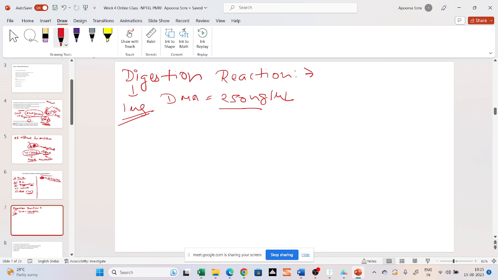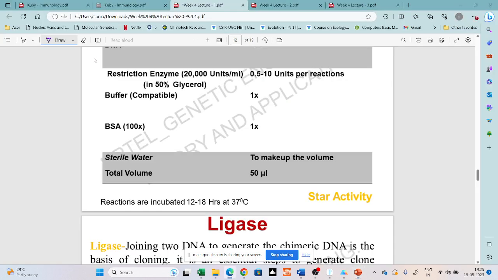Anybody who wants to give a try? No? 1 microgram is how many nanograms? Anybody knows it? Nobody knows?